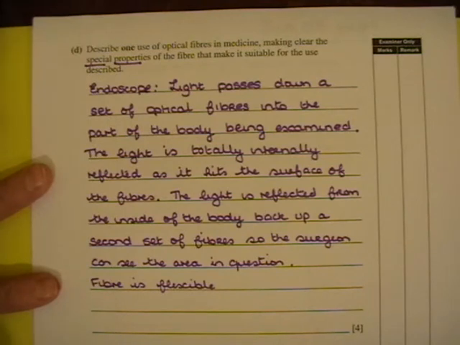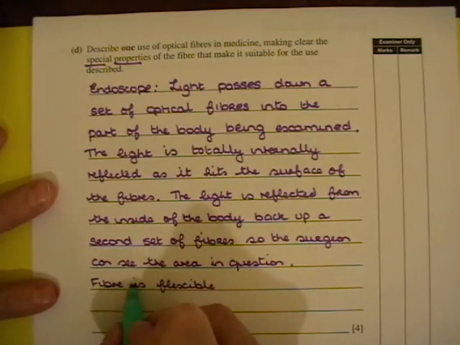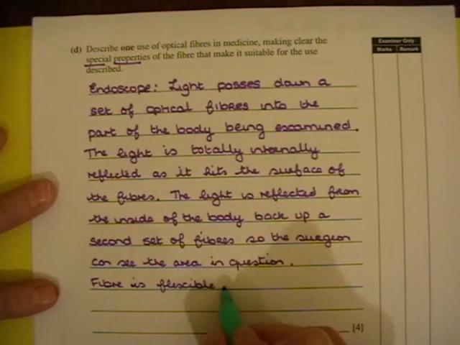But if you allow your fibre to be a flexible material, the light can bend, and it bends because it's hitting the surfaces and being totally internally reflected, it means you can get light to areas which are previously inaccessible. So the fibre is very flexible, and can bend round corners.